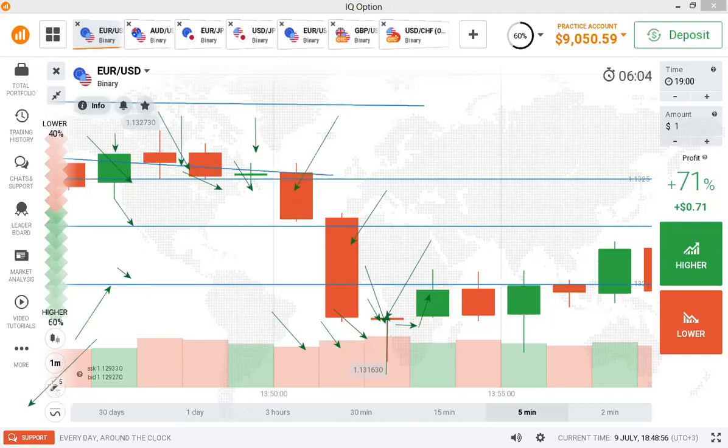If you can't trade on 1 minute, you can choose 2 minutes. So that is what I usually do. When I open the chart, I will first analyze what happened to the previous candle. Then if I notice that it is the buyers' pressure that makes the sellers become weak, then I'll place a call immediately.